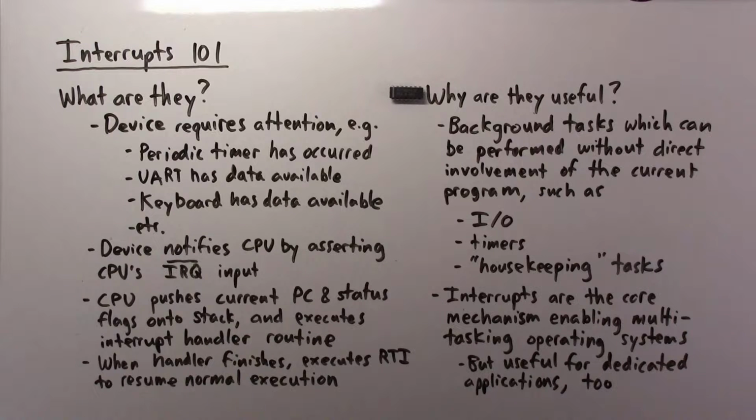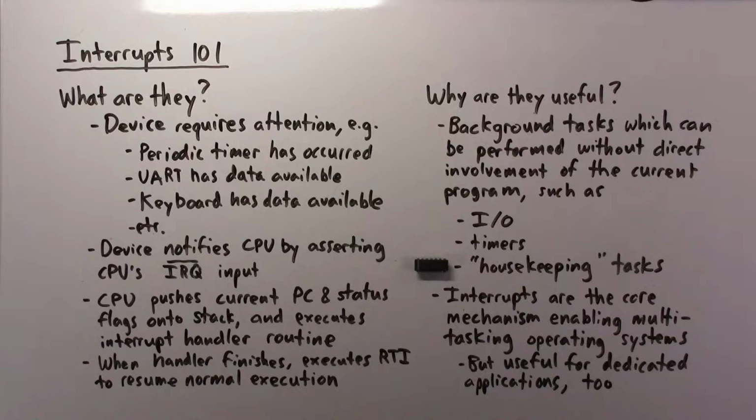So why are interrupts useful? There are many reasons, but here are two important ones. First, interrupts allow background tasks to be implemented without the direct involvement of the currently executing program. Some examples of background tasks are I/O, timer event processing, and other housekeeping tasks.